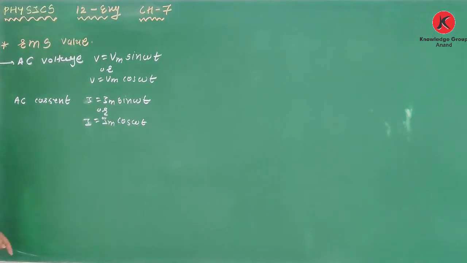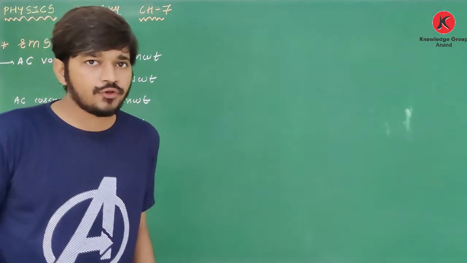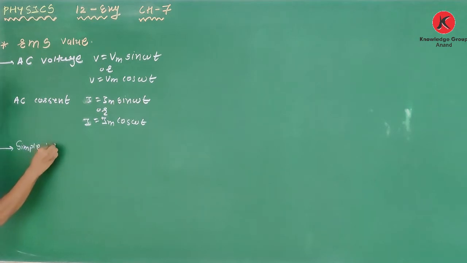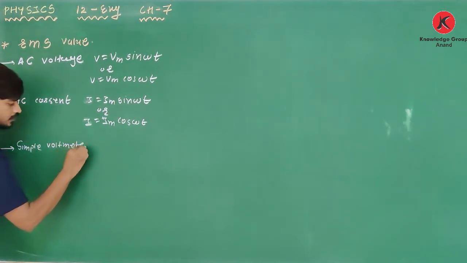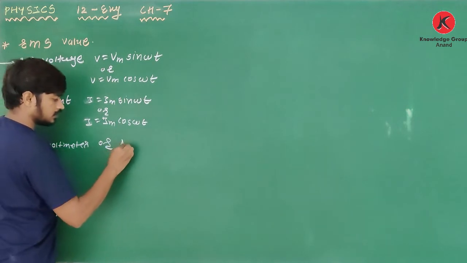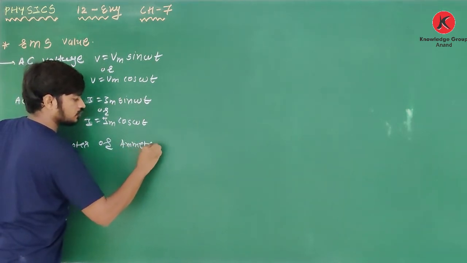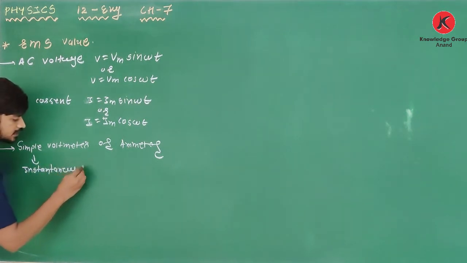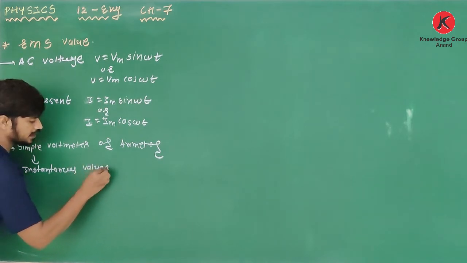So if we want to measure the value of voltage and current, that is the value of V and I, with the help of a simple voltmeter or ammeter, this simple voltmeter and ammeter will measure instantaneous values.